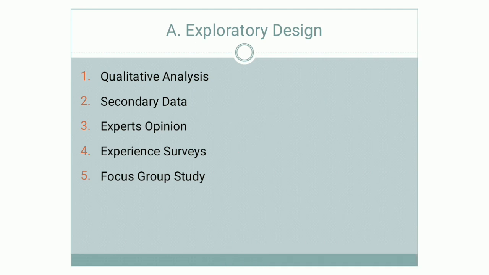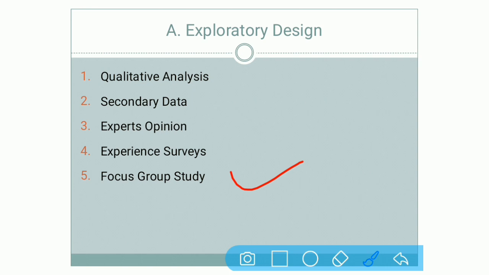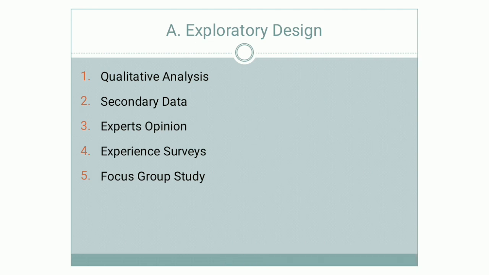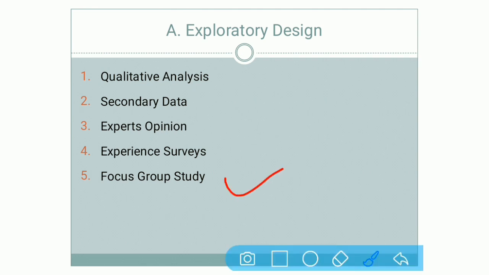Then the last one is focus group study. Here one group is created, like the reference group, but there different groups are created. Here in focus group only one group is created. Take for example, for the study of the younger generation, one group is created from the age of 18 to 28.